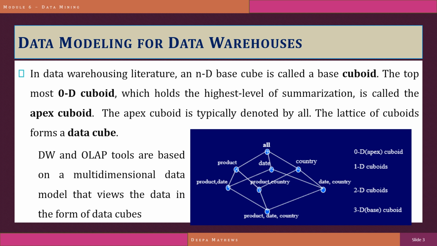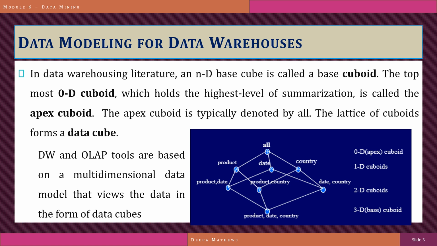A data warehouse is based on a multidimensional data model which views the data in the form of data cubes. A data cube allows the data to be modeled and viewed in multiple dimensions. So we can have n dimensions.